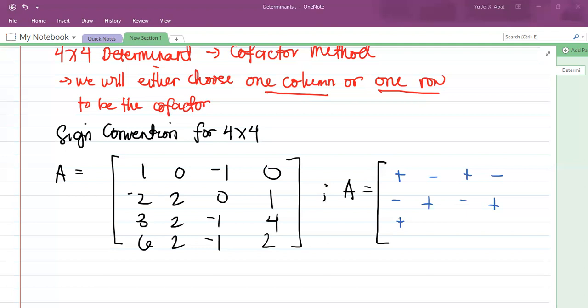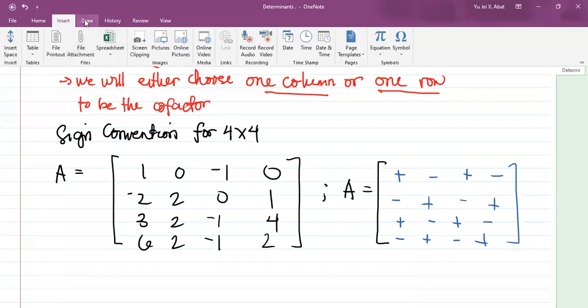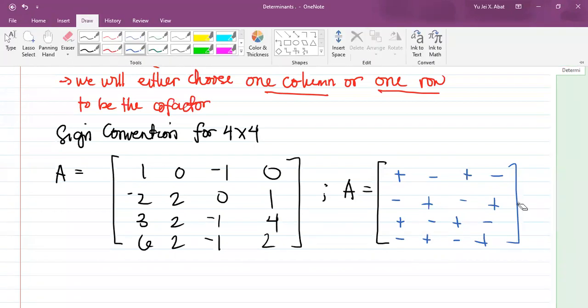Then positive, negative, positive, negative, and then negative, positive, negative, positive. So basically, meron tayong sign convention and this is our sign convention.